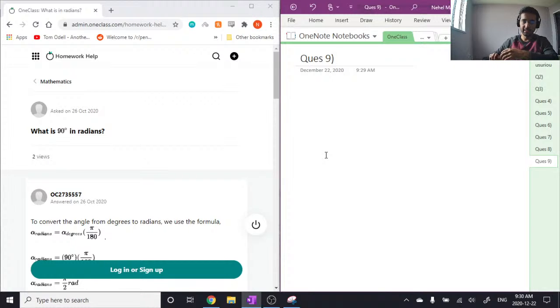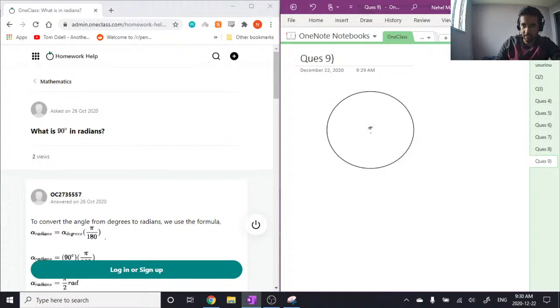What is 90 degrees in radians? So the way we do this question is, if I have a circle, the way I remember these radian questions is as follows.